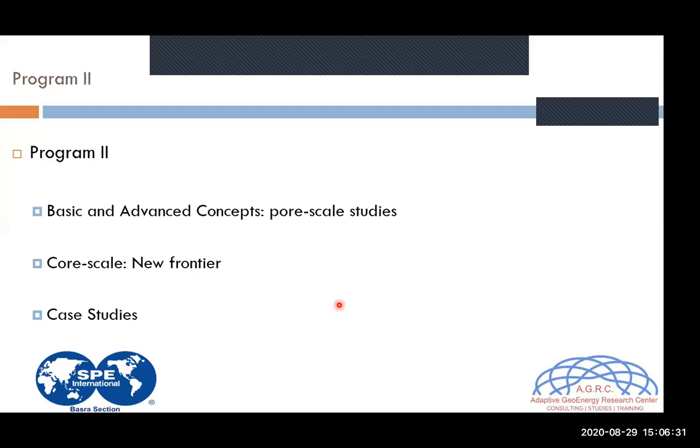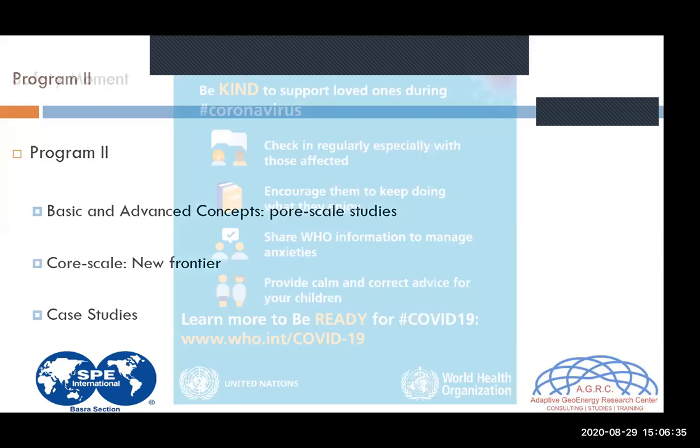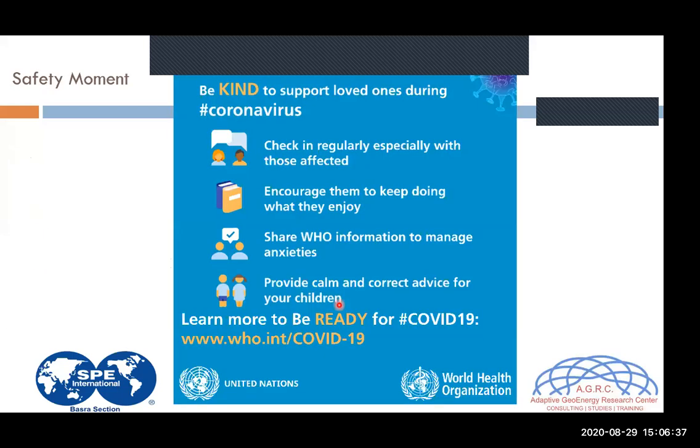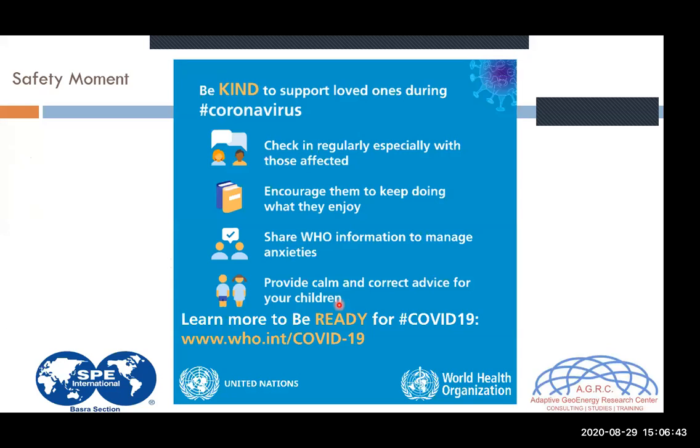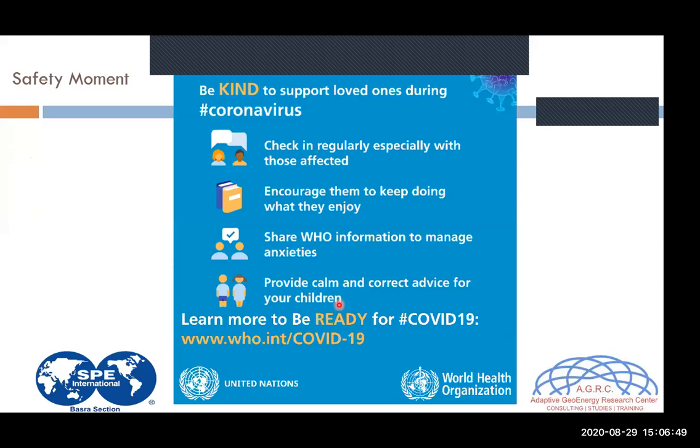And just before we start, I would like to do a safety briefing moment again. Today we're going to cover how we can encourage each other during this pandemic time. I took this information from the World Health Organization. It's really important to be supportive to our loved ones, our friends and people around us.